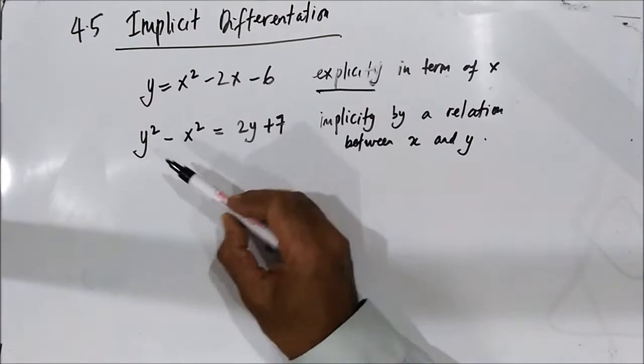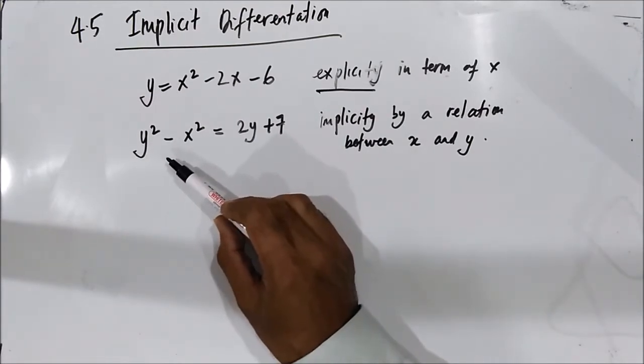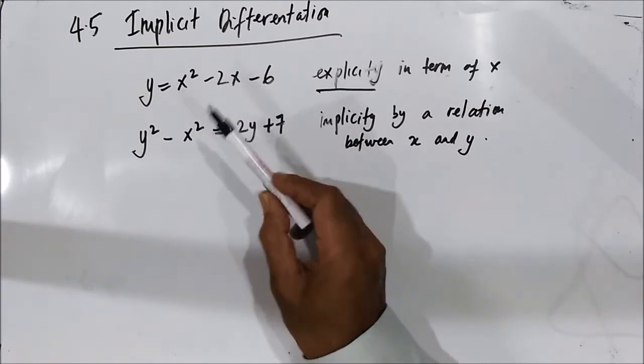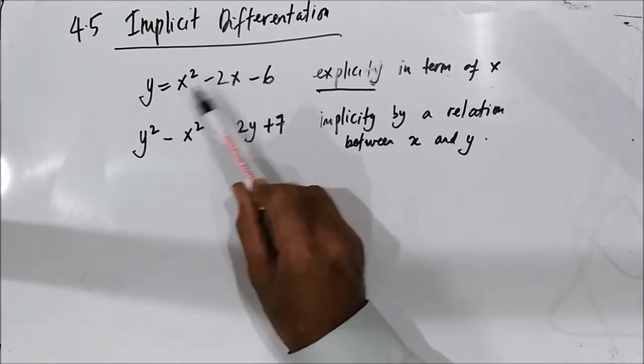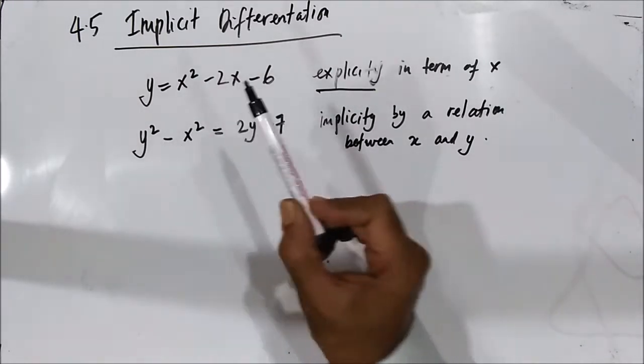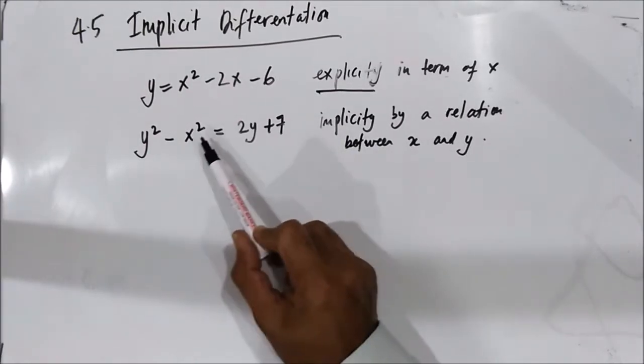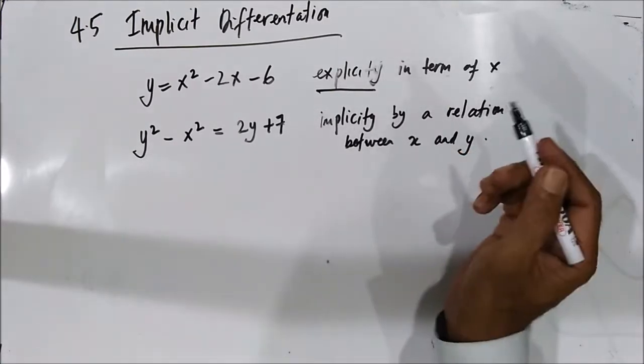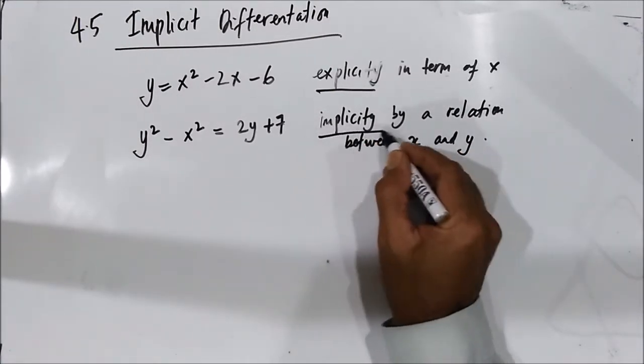We have y and y in the same equation, and also x. So this is known as implicitly defined by a relation between x and y.